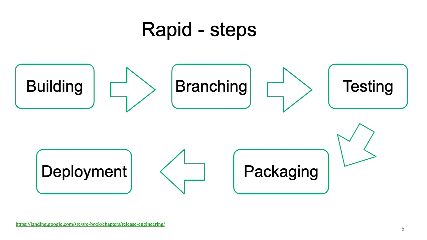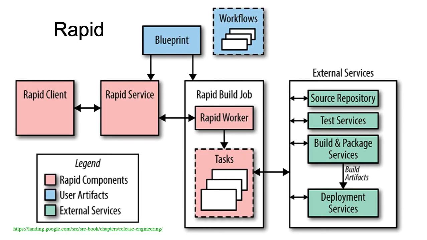So Rapid includes building, branching, testing, packaging and deployment. So essentially we know the steps, so there is no need to explain each one of them. We build the product and then branch it, then test with a lot of test cases and make sure the branch is working properly, and then package it and then finally deploy.